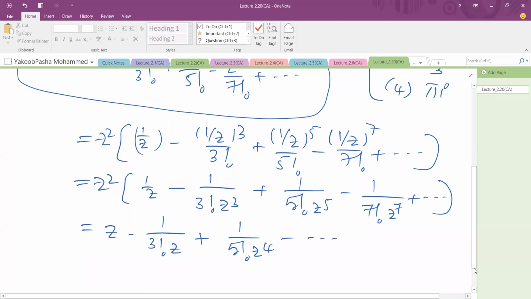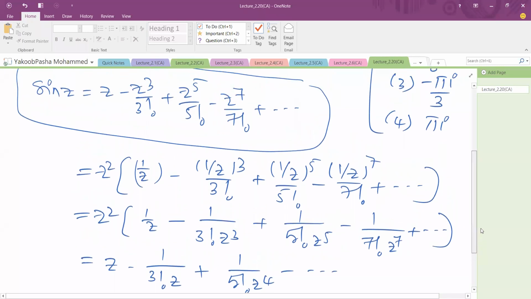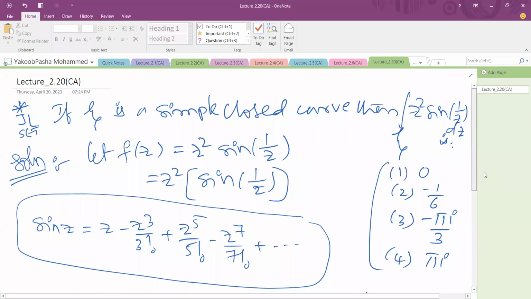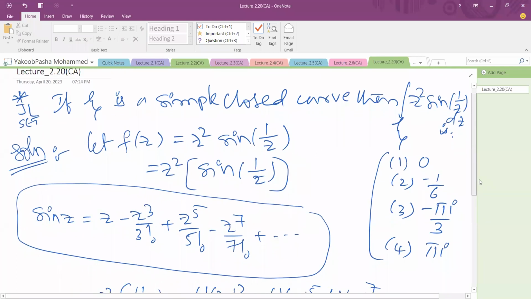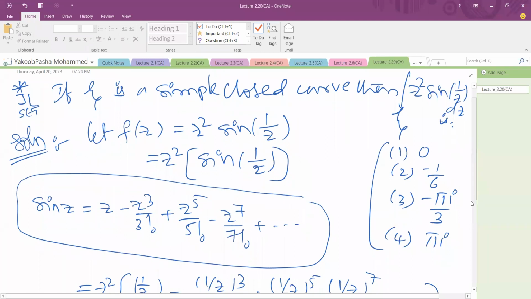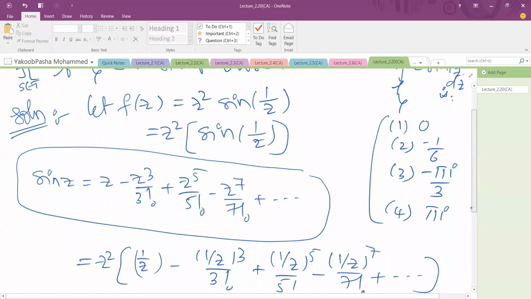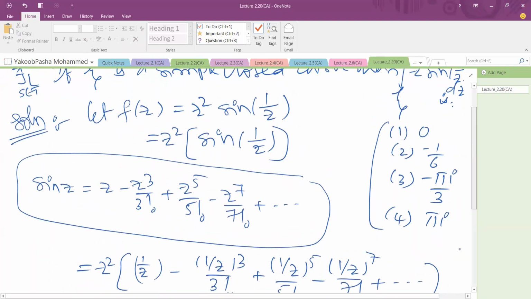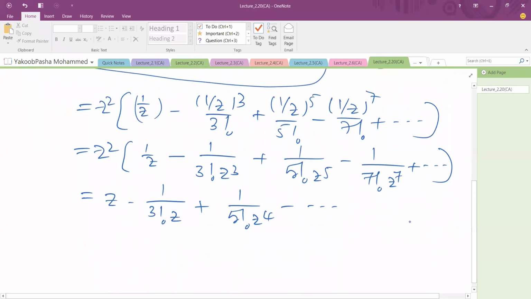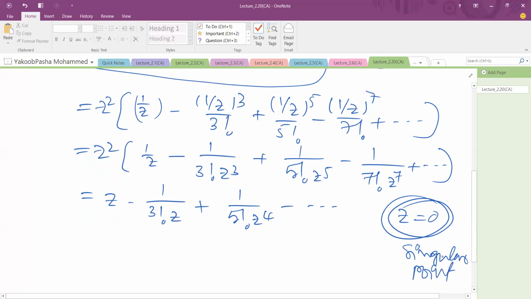Now, we have to calculate the residue where C is the simple closed curve. For residues we have to take the singularities. Singularities means the denominator, that means 1 by z, that means z is equal to 0. This is the singular point, and at this point we have to calculate the residue.